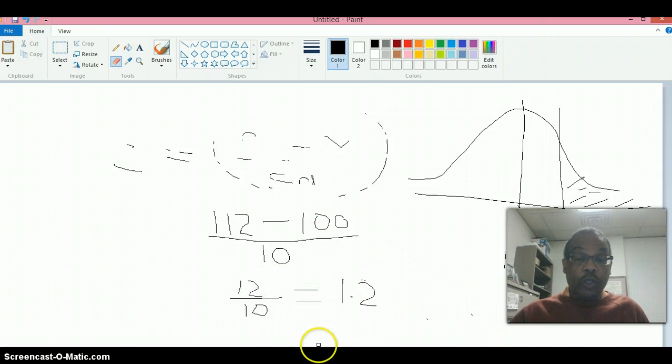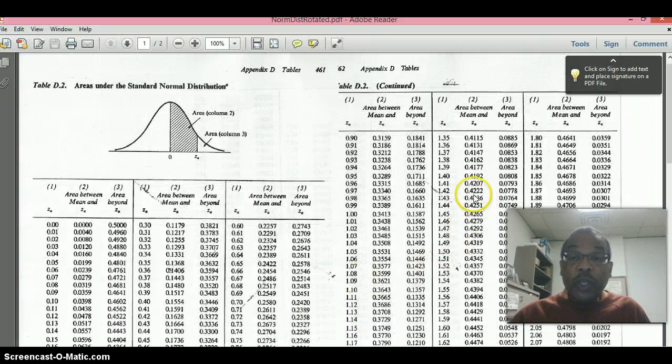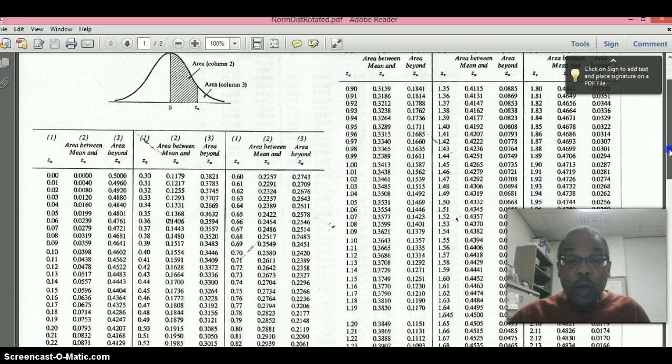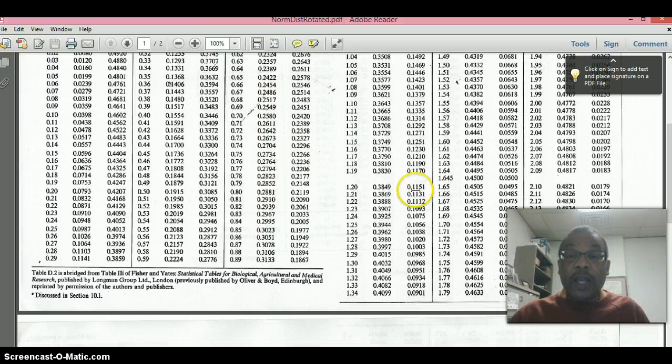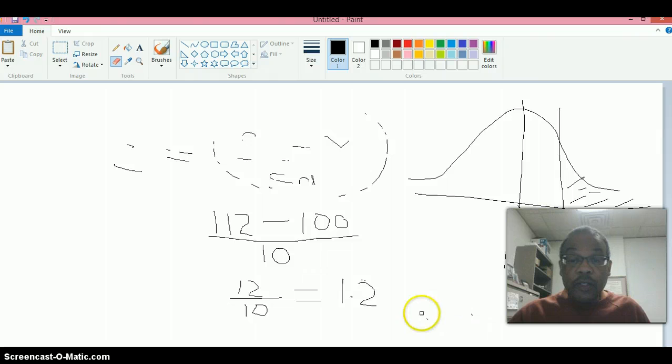So we have to go to the z-score table to see what 1.2 is. We scroll to the z-score of 1.2, and the answer is 0.1151, or 11.5%.